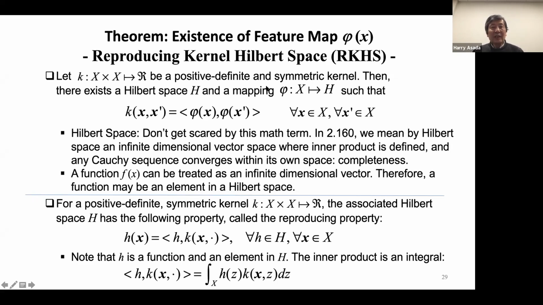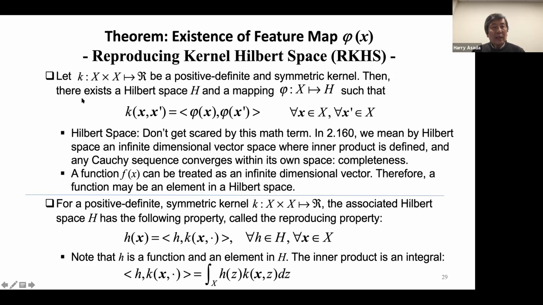This is one of the very important theorems underpinning this field. It's also called the reproducing kernel Hilbert space. Now let K be a positive definite and symmetric kernel, mapped from X times X to the real numbers R.